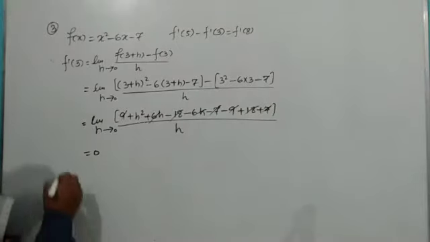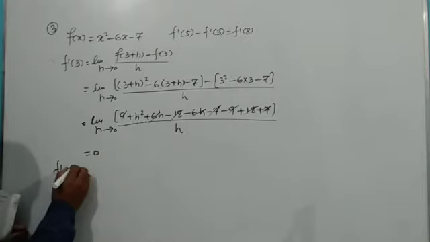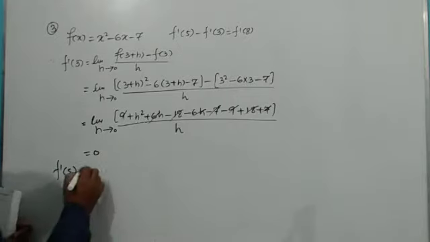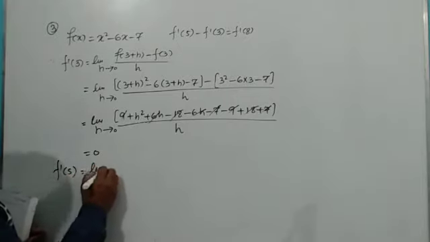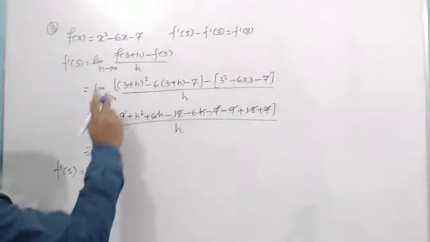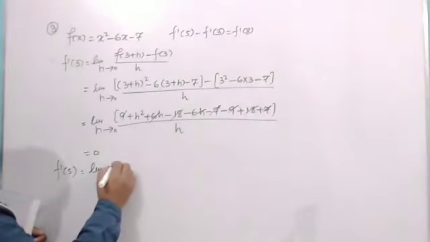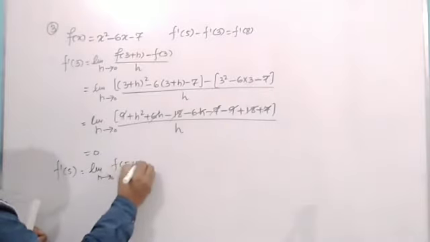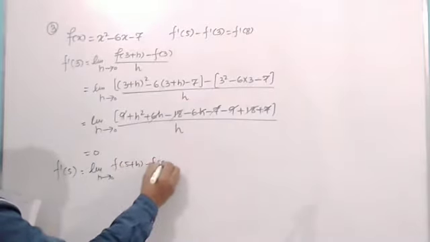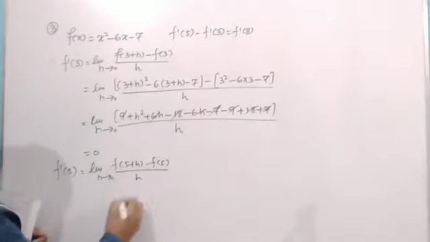Now I can find f'(5). So f'(5) will be: limit h tends to 0, directly I am writing, [f(5+h) − f(5)] upon h.